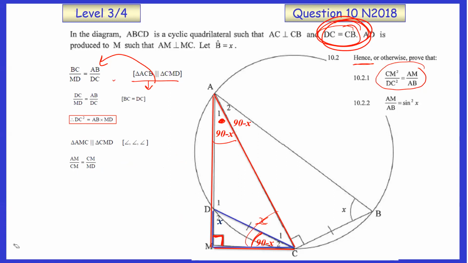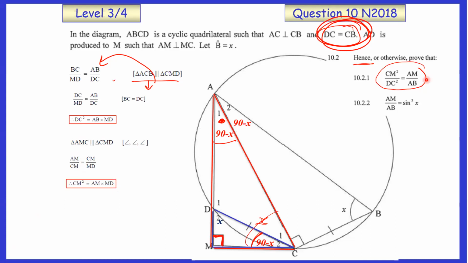And when I cross multiply, what is CM times CM? Isn't CM times CM CM squared? Yes, sir. And then you're going to multiply AM times MD. Can you see what I come up with?